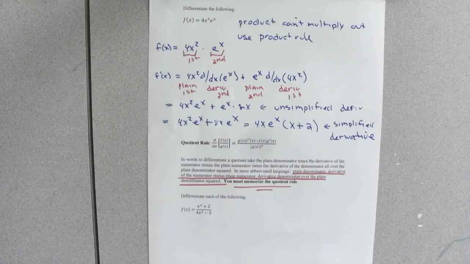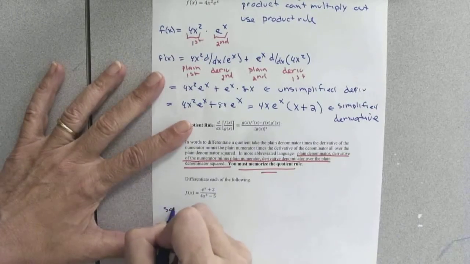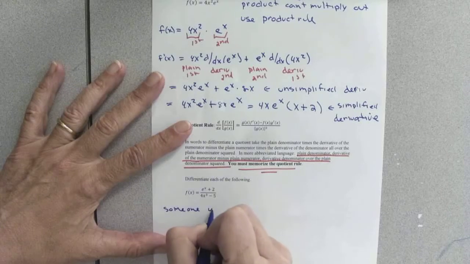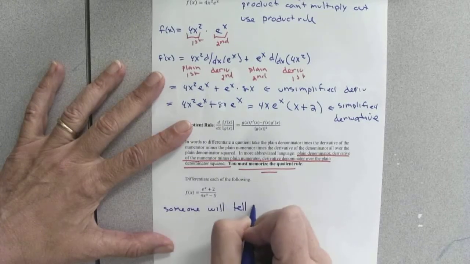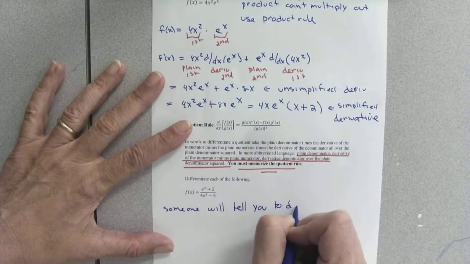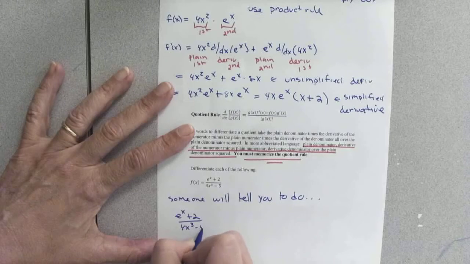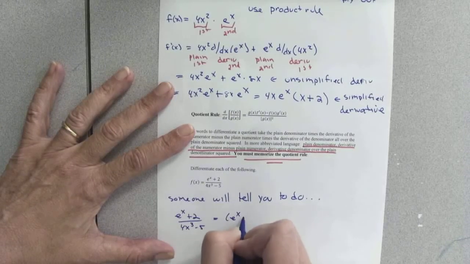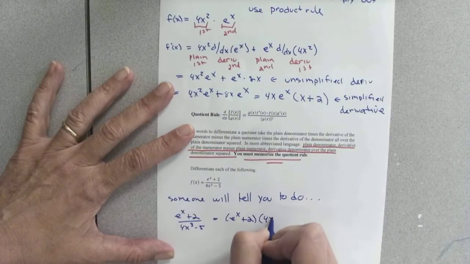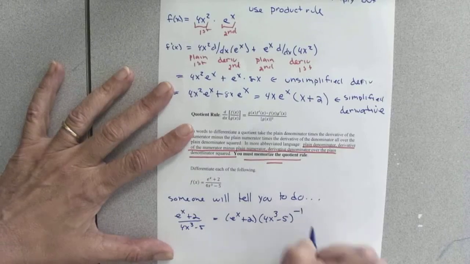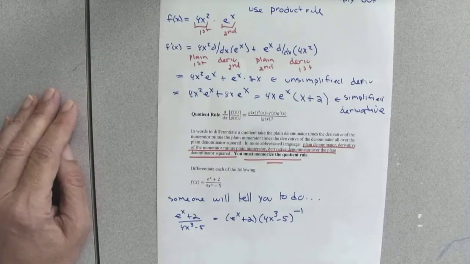You'll talk to someone and they'll say, oh, you can live without the quotient rule. You don't have to use the quotient rule, you can do this. That is true.